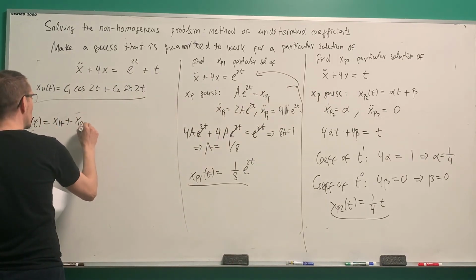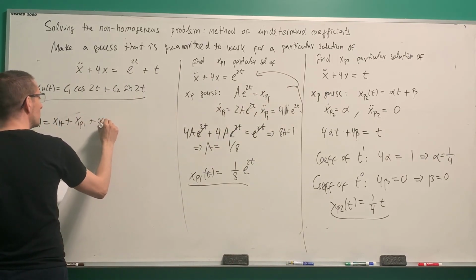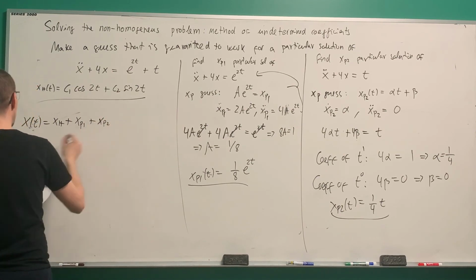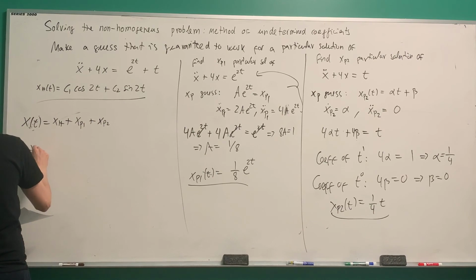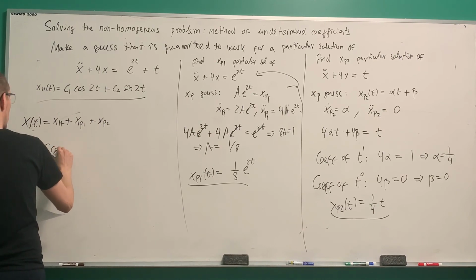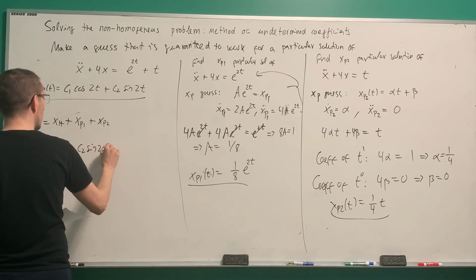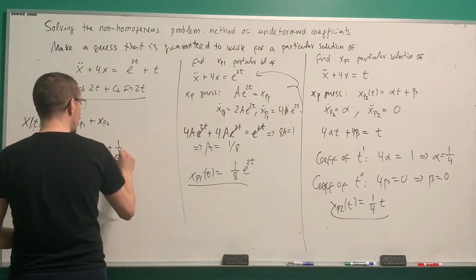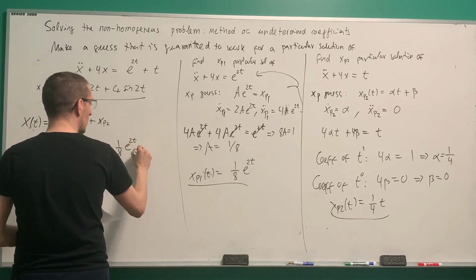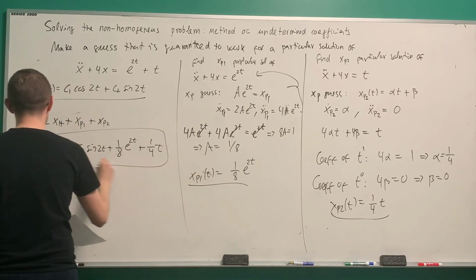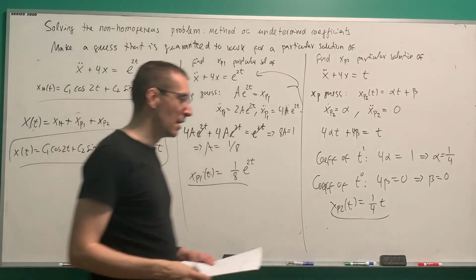So this is xp1 plus xp2, right? And then if we substitute, we get that x of t is equal to c1 cosine 2t plus c2 sine 2t plus 1/8 e to the 2t plus 1 over 4 t. And that is the general solution to the full problem.